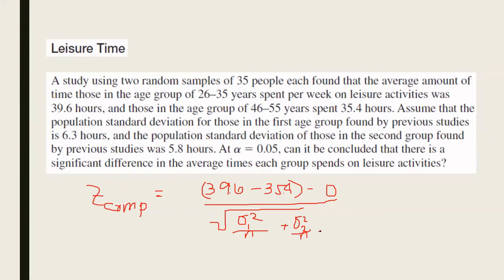Which is actually 6.3 squared plus 5.8 squared over 35 over 35. Okay, so what is now our z computed?